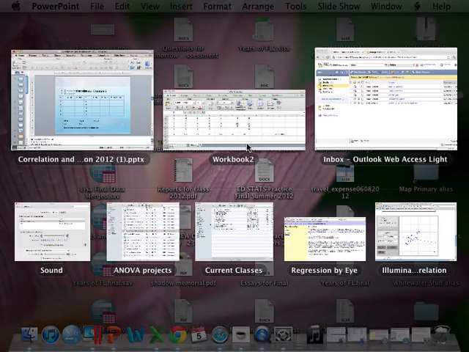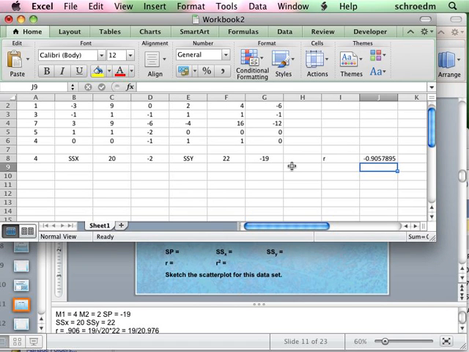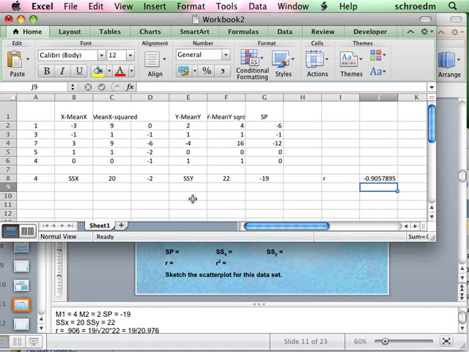Now, the nice thing about doing this in Excel is if I want to, I can change or reorder my numbers, and I can see how it changes my correlation.